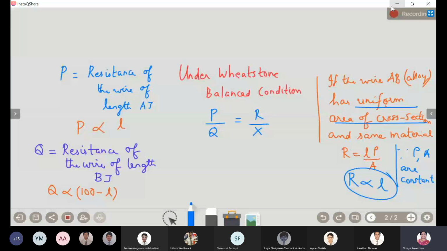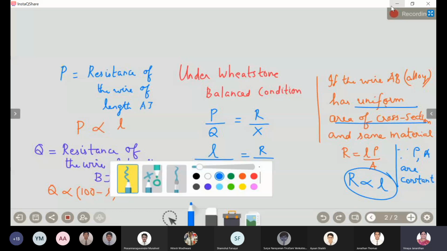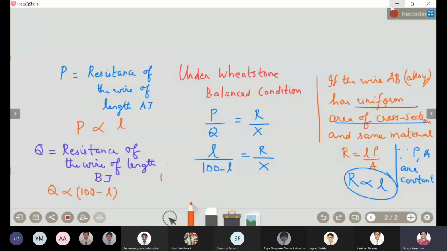L. So L by 100 minus L is equal to R by X. Now tell me what is the unknown resistance. Unknown resistance X must be equal to 100 minus L by L into R. This is how you determine the unknown resistance, or the resistance of a given wire, using your meter bridge.